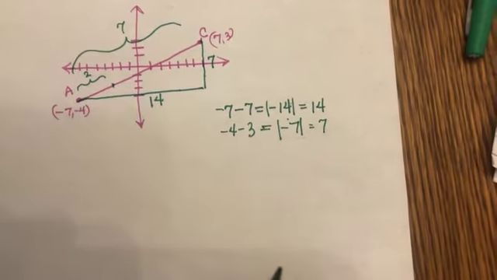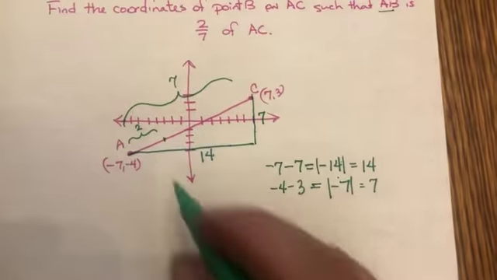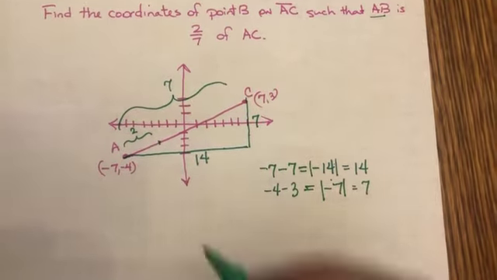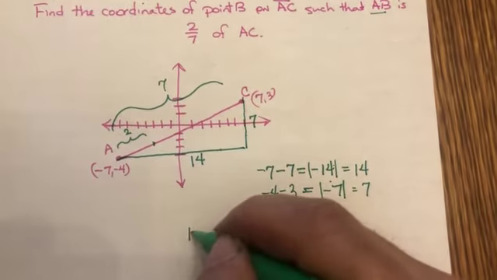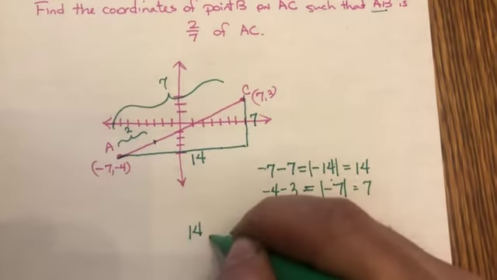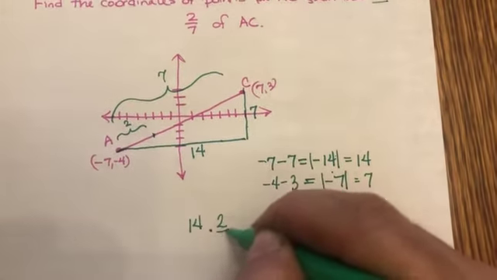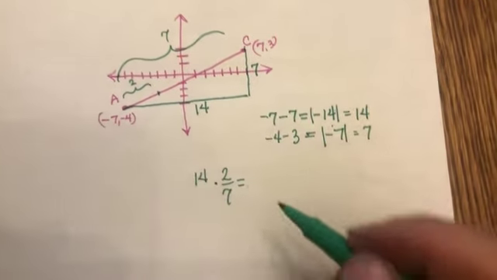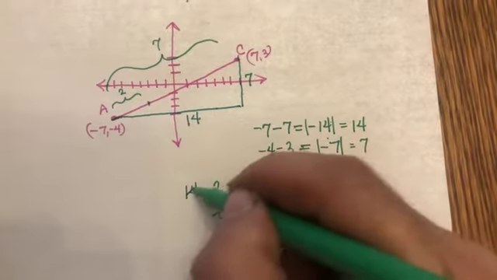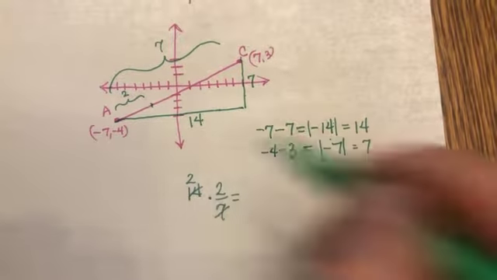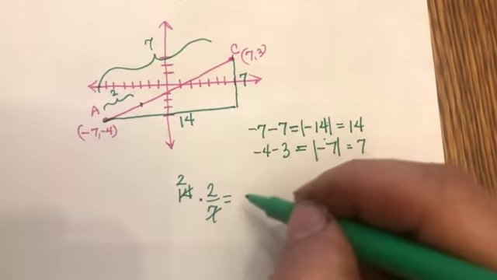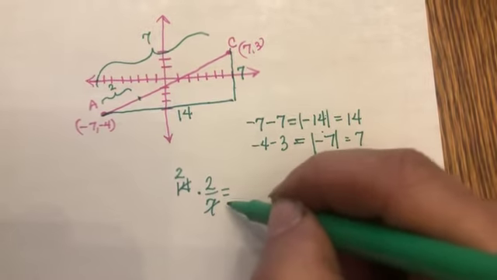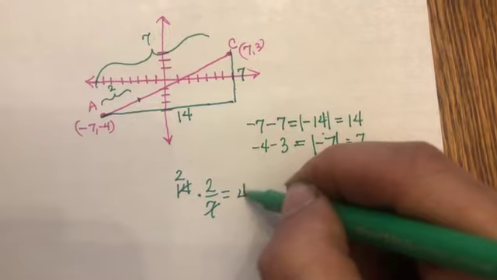So I'm going to take each of those segments and find out what is 2/7 of that segment. So the horizontal distance being 14, I'm going to find out what is 2/7 of that segment. And using the skills we learned about simplifying fractions, I can reduce diagonally there and multiply out.